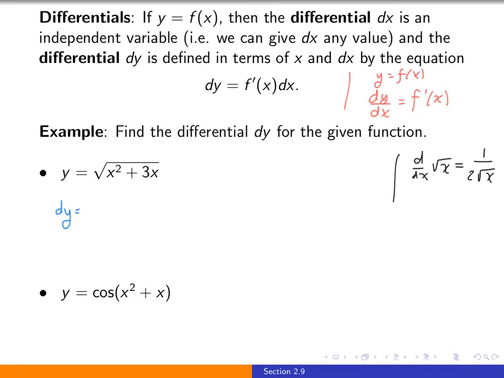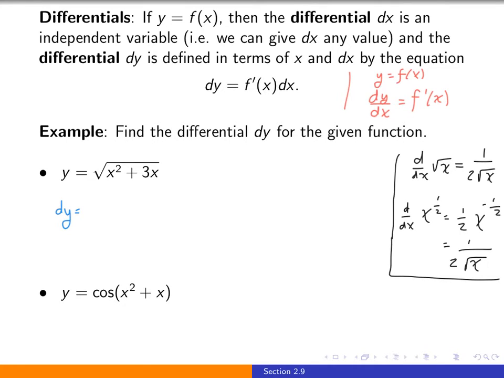We found this using the definition of the derivative in a previous example, but note that you could also come up with this using the power rule. Square root of x is x to the 1/2, so the derivative is 1/2, which comes down front, and the new power of x is 1 less than what was previously there. So 1 over 2 x raised to the negative 1/2, which is 1 over 2 square root of x.